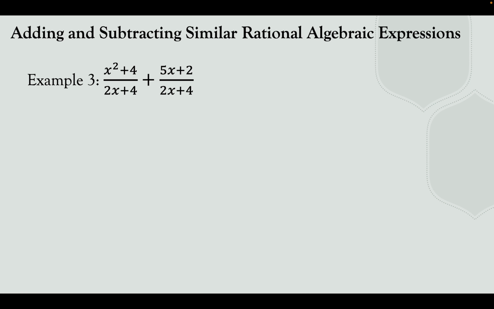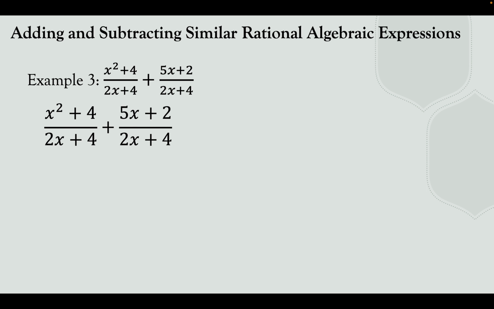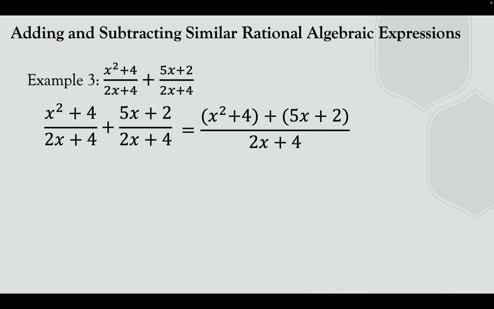Example number 3, we have x squared plus 4 over 2x plus 4, plus 5x plus 2 over 2x plus 4. Since we have the same denominator, we just need to copy the denominator and combine the like terms in the numerator. We have x squared, and we don't have like terms for it. And 5x also has no like terms.